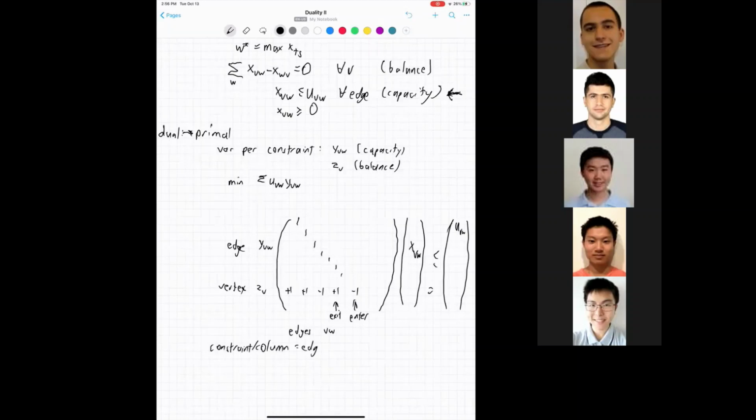Which corresponds to a particular edge, VW. Right? Where do we see non-zero values in the column? So there's a 1 in the rows corresponding to the edges. Good, let's take this one at a time. I think you're pointing at the identity matrix, right?